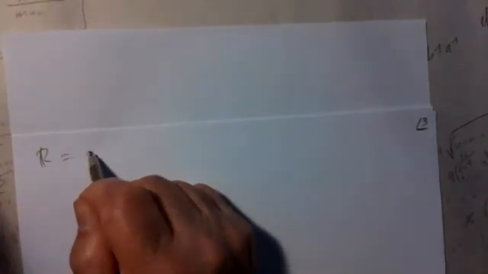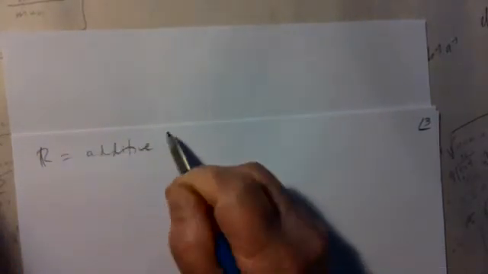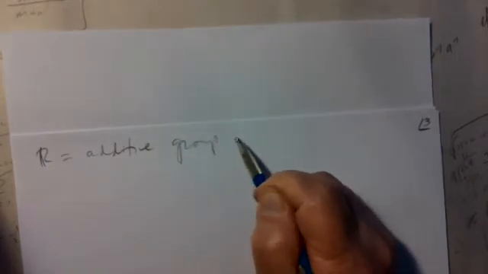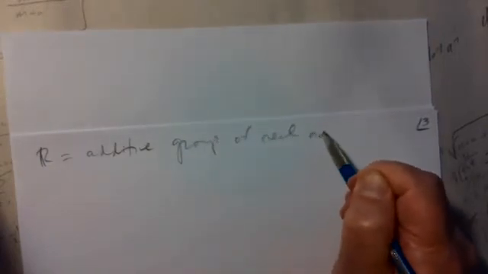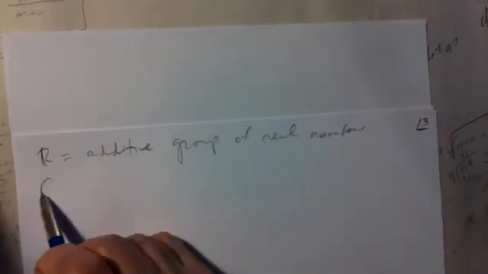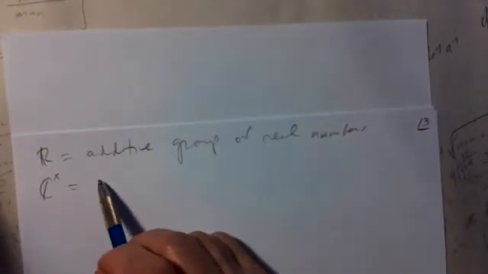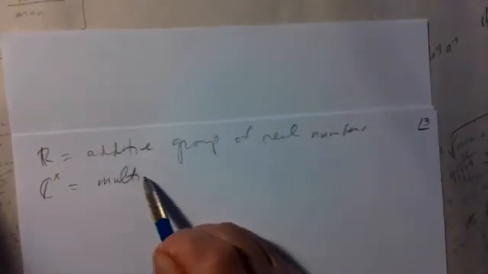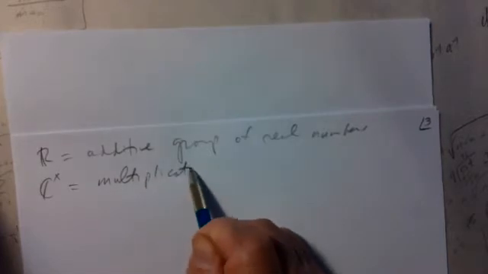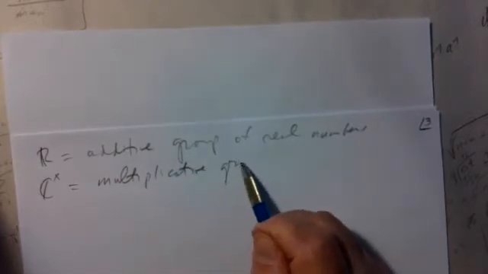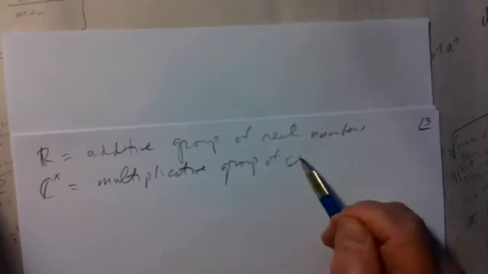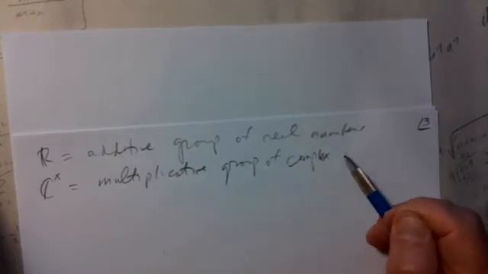So we still haven't finished the problem. There's more to do. So we have R, the additive group of real numbers, and C star, which is the multiplicative group of complex numbers.